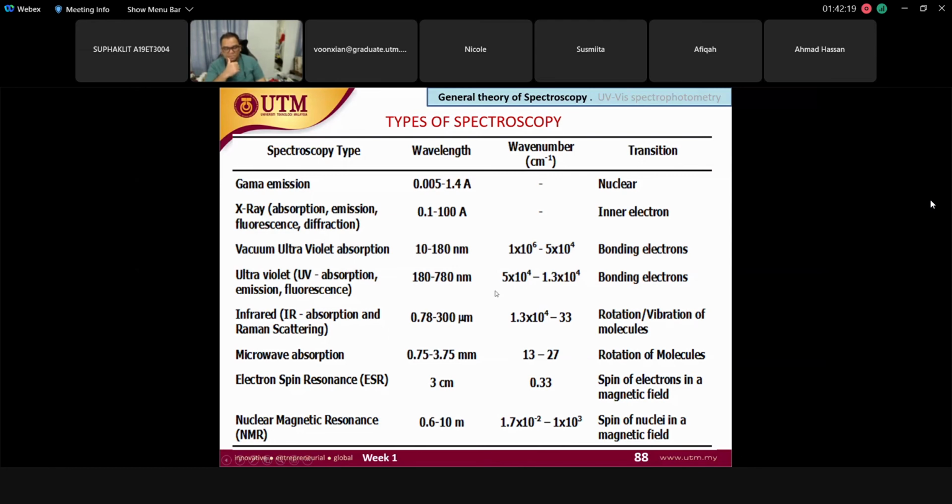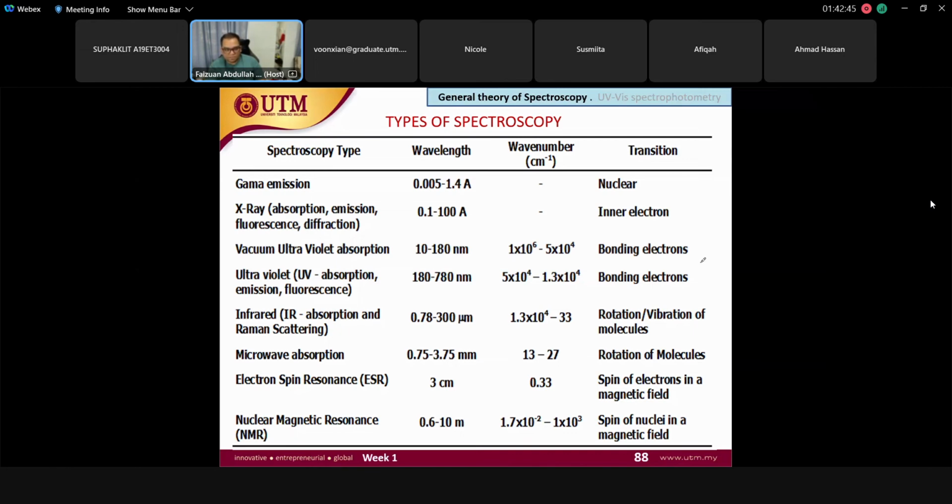This is the type of spectroscopy, again, for revision. What is a wavelength? What is a wave number? And the transition involved is also different. For example, for gamma emission, normally the transition is nuclear transition, and X-ray is inner electron transition. The vacuum ultraviolet absorption is a bonding electrons transition.